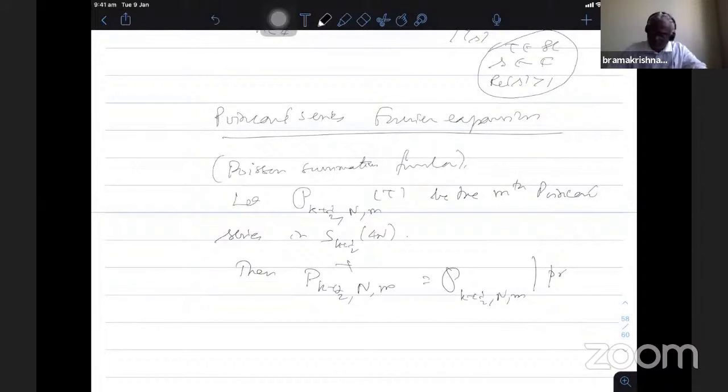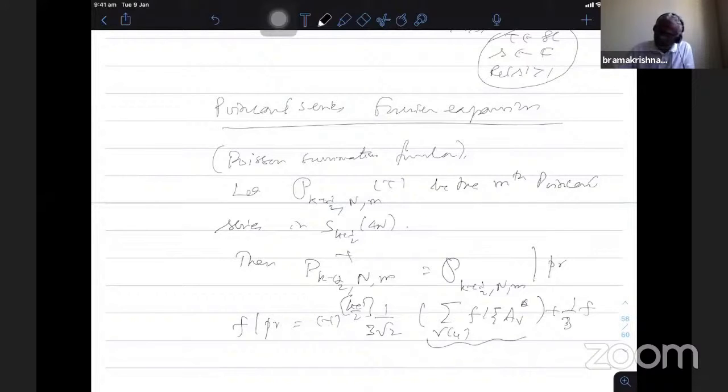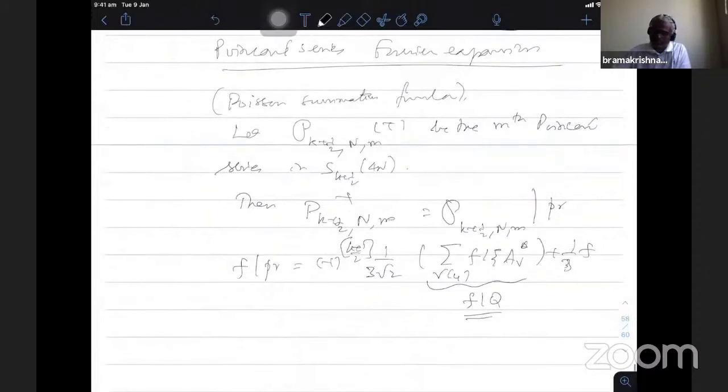The projection operator is given by f bar pr is (-1)^{[(k+1)/2]} times 1/(3√2) times the summation over v modulo 4 of f bar ψ a_v star, plus 1/3 f. Okay, this is nothing but the Q operator which we used in the beginning to characterize the plus space. This is exactly f bar Q ψ bar a_v star. So the projection is given by this.